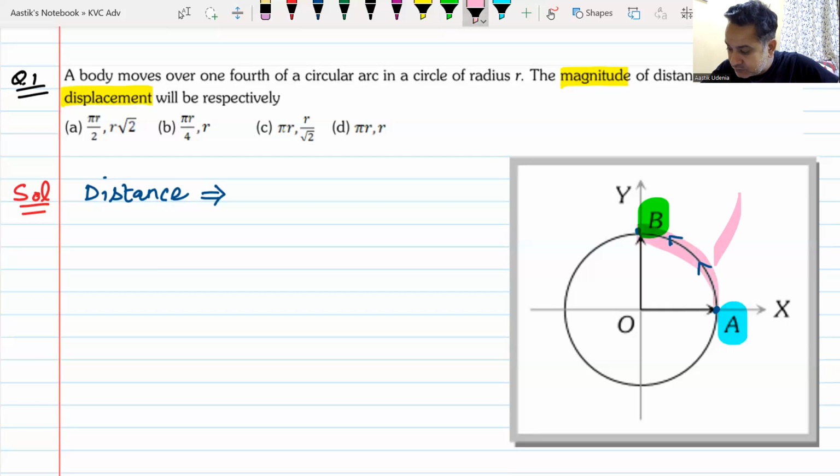Can you tell me how much will be this length?